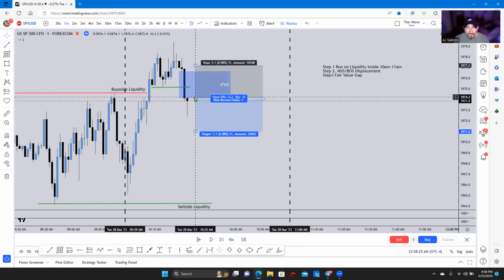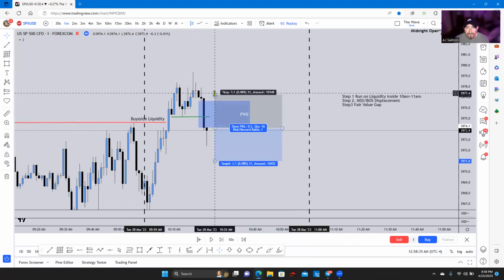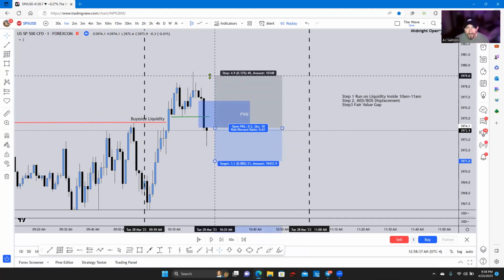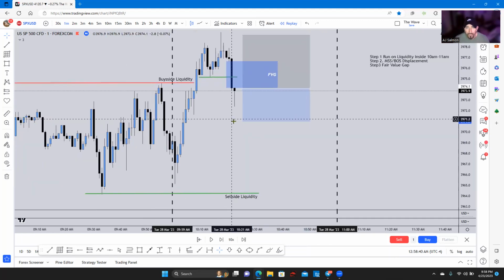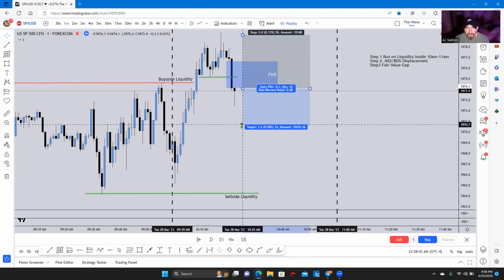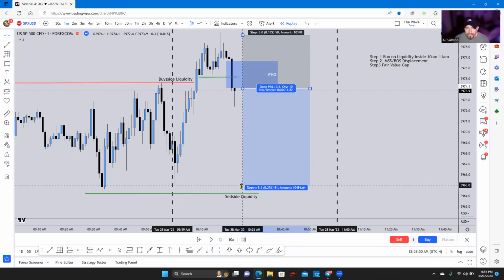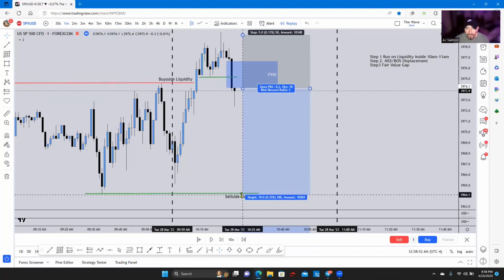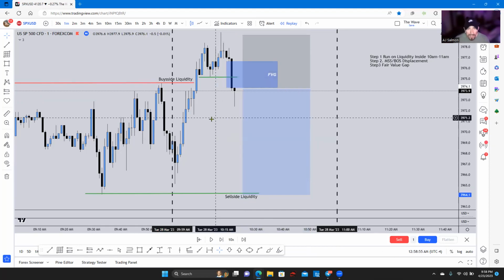You can set a sell limit here or use market execution once it taps into here. ICT says you want to put a 5 handle stop, 5 points. We can target either a 1-to-1, higher probability, or a 1-to-2, which also lines up with our sell side swing low.